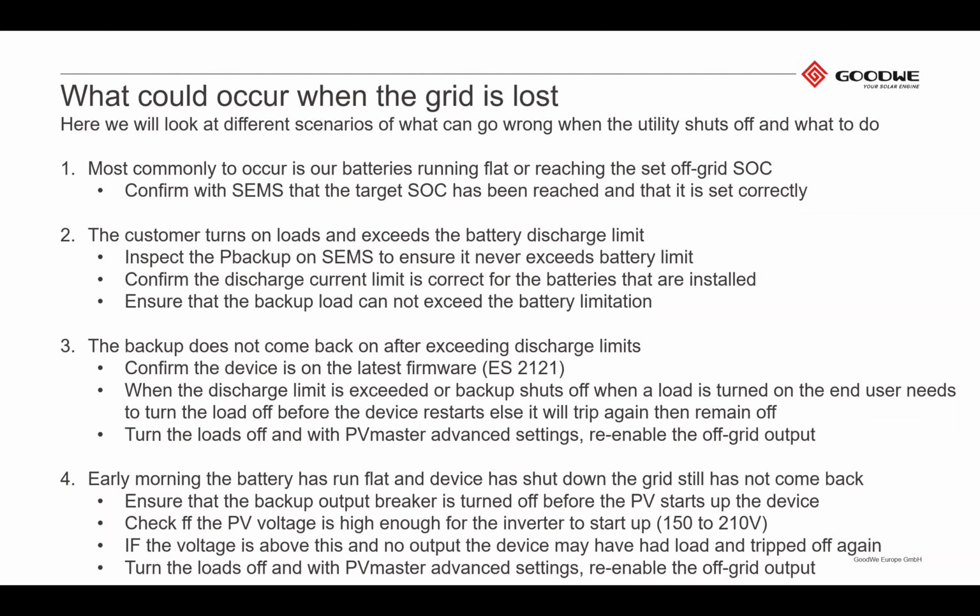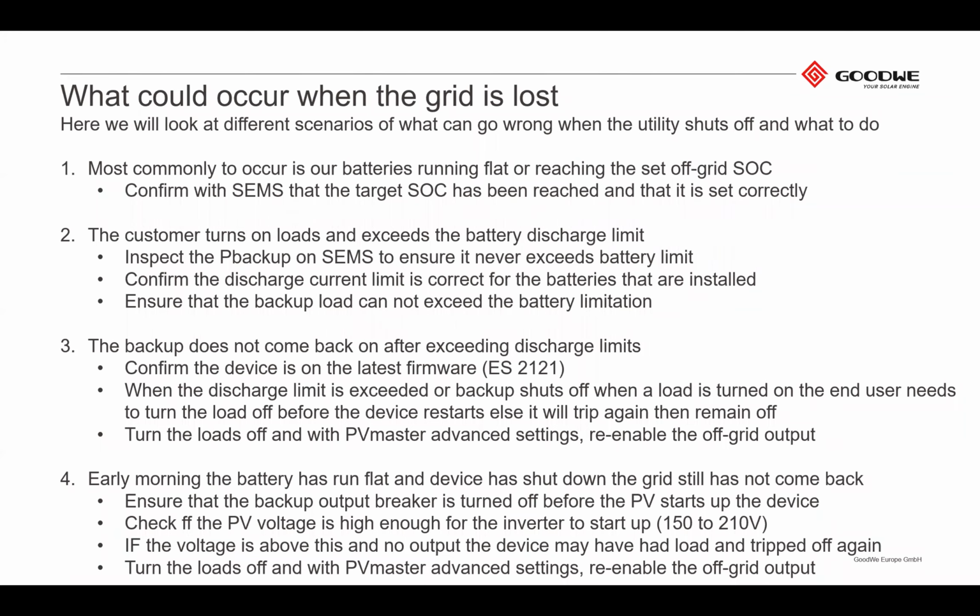But it is very important to educate the customers on this: should they have turned the load on and the system trips, they must turn the loads off again. Because if the inverter tries to start up itself again and that load is still there, the inverter will trip off and then it will stay off, because it will see it as a serious error, a startup failure.